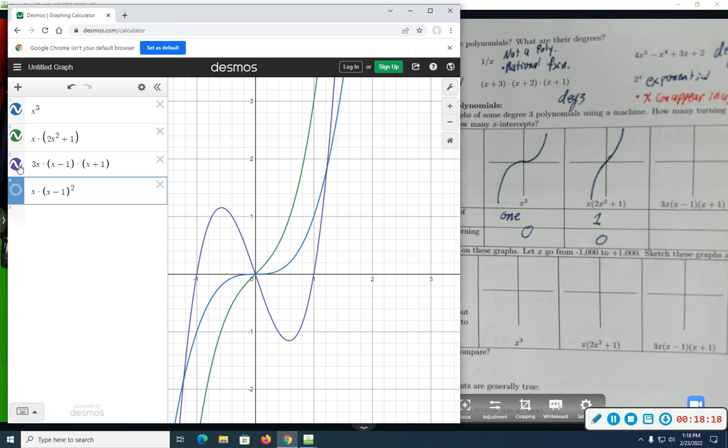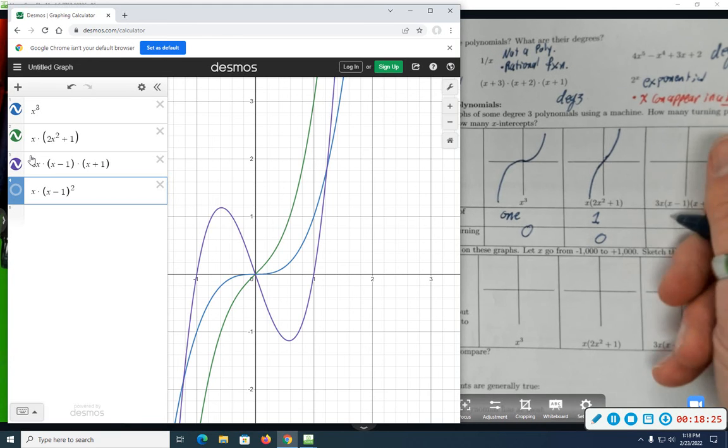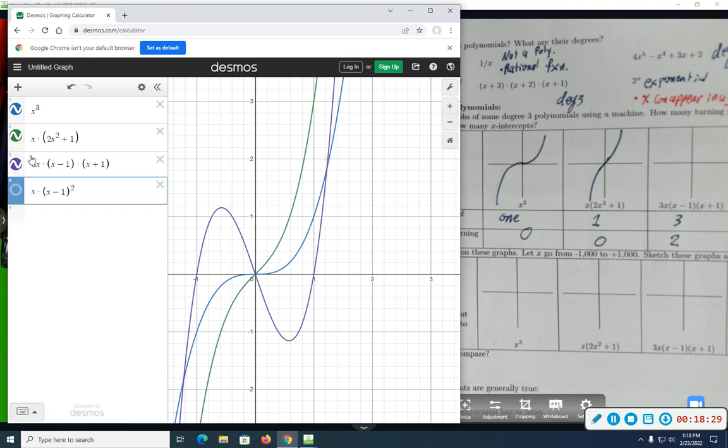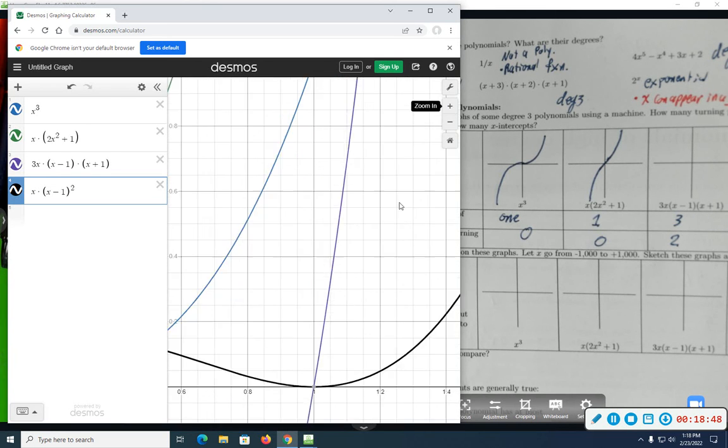Nice. This third one, how many x-intercepts? 3. How many turning points? So that's a different behavior from the previous ones. And this final one, how many x-intercepts? Well, there's one here for sure, and you can't quite tell for absolute certain.